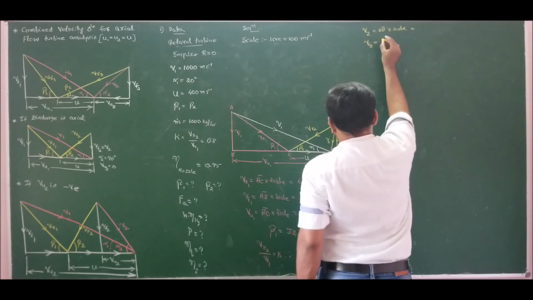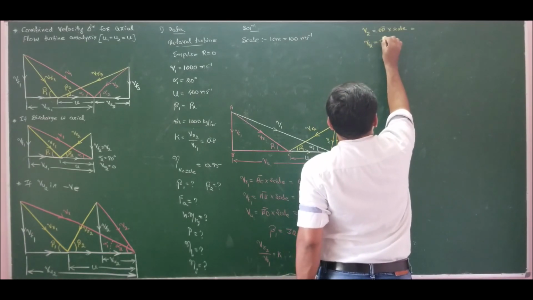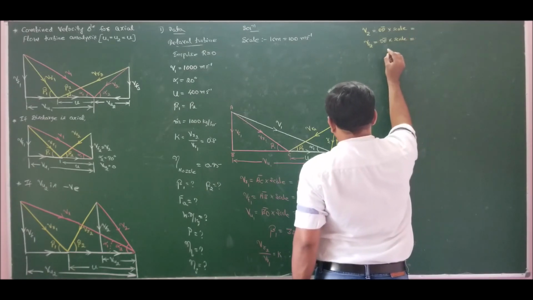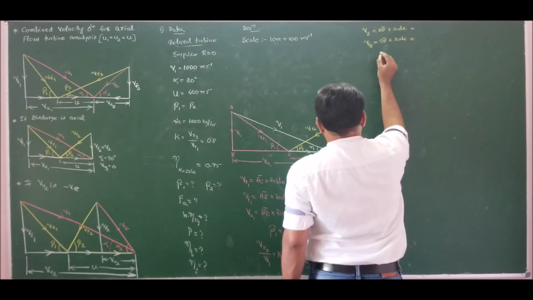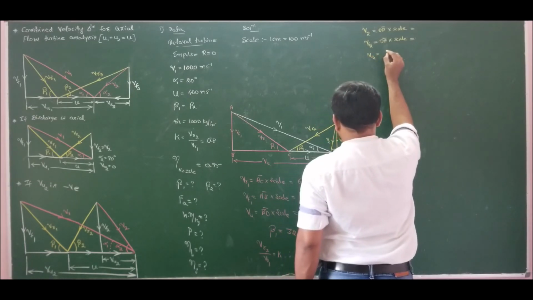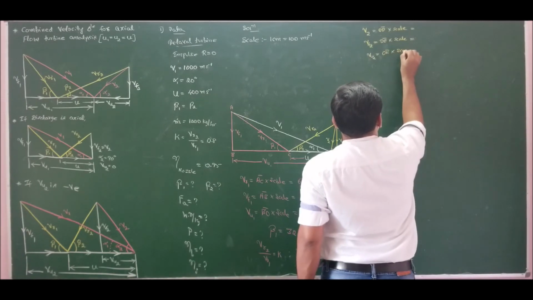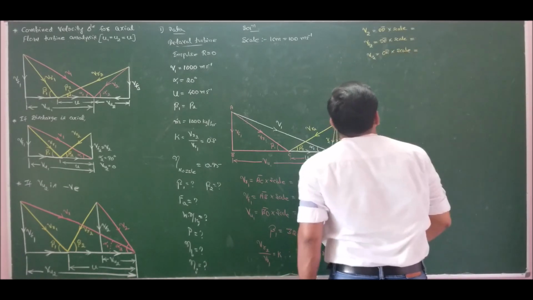VF2 is equal to line length DE into scale, and finally we have VU2 is equal to line length OE into scale.